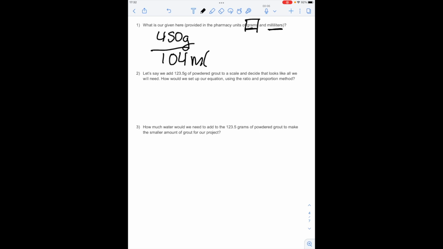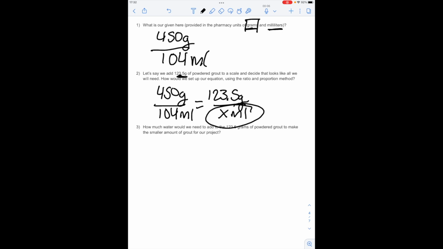So let's take our given, 450 grams, 104 milliliters, set that equal to this amount, 123.5 grams equals X amount of milliliters. We're trying to find out how much water we need to add to this amount in order to make the same consistency of paste that you would get from doing this.